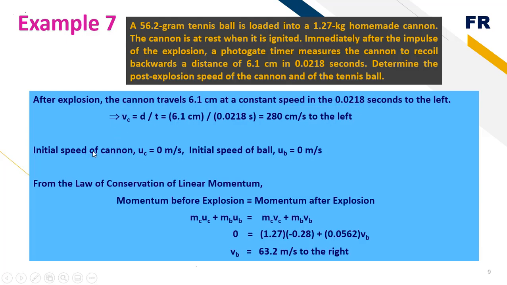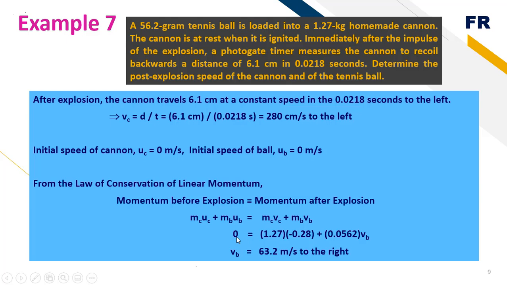The initial speed of the cannon, UC, is 0 meters per second, and the initial speed of the ball, UB, is also 0. So from the law of conservation of linear momentum, the momentum before explosion is equal to the momentum after the explosion: mC uC plus mB uB equals mC vC plus mB vB.